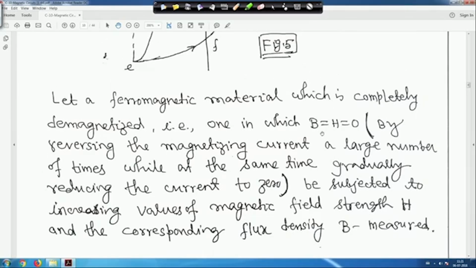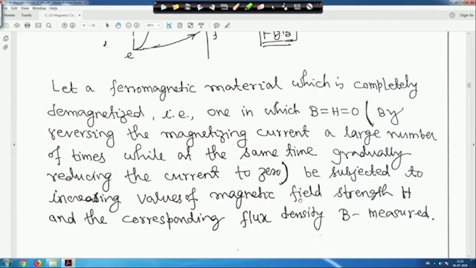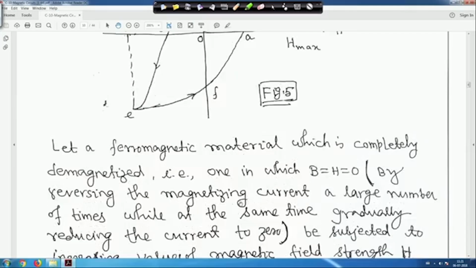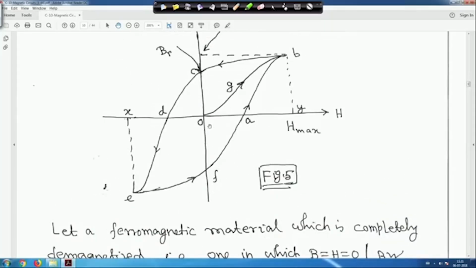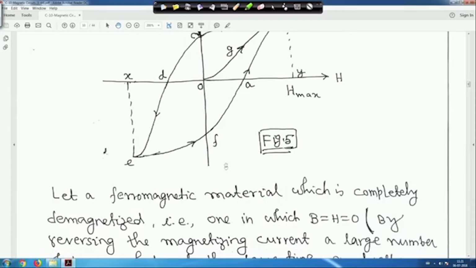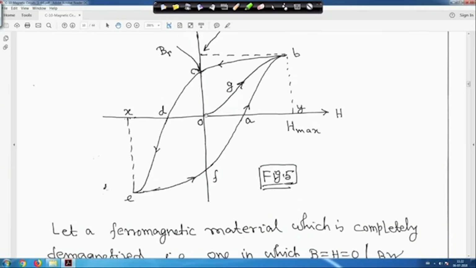Then only will you get B is equal to H is equal to 0, and it is then subjected to increasing values of magnetic field strength H, and the corresponding flux density is measured, right. In this case you have completely demagnetized that ferromagnetic material, so it is starting from 0.